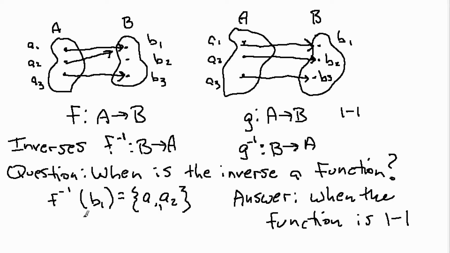So I hope you can see that it's kind of obvious that if I were to calculate F inverse of F of A, in this situation, that's kind of weird, because F of A takes us to B1, and then B1, the inverse, takes us back to A1, A2.